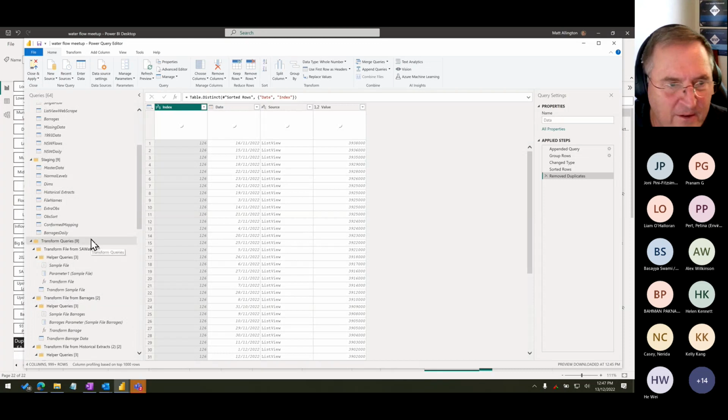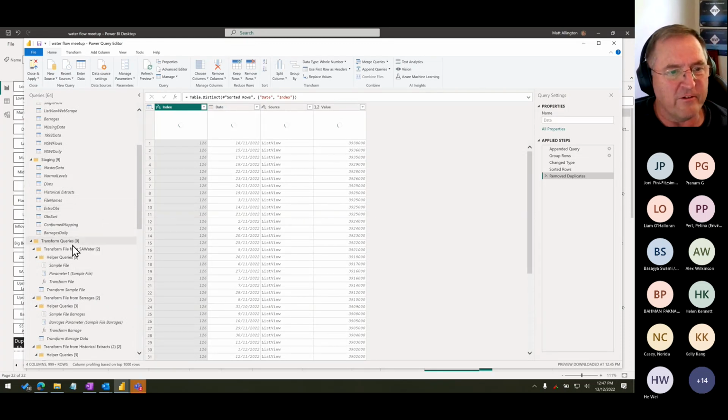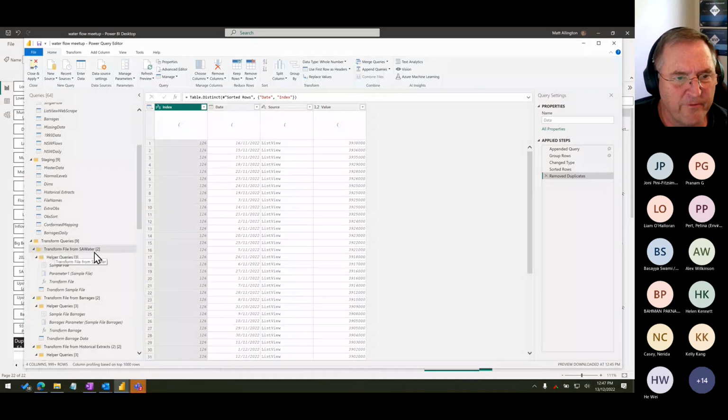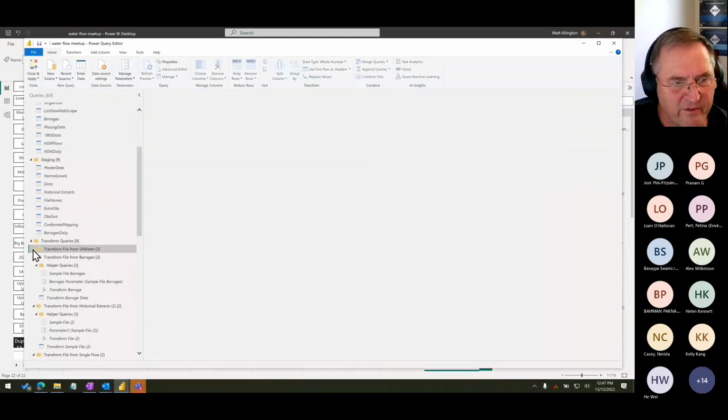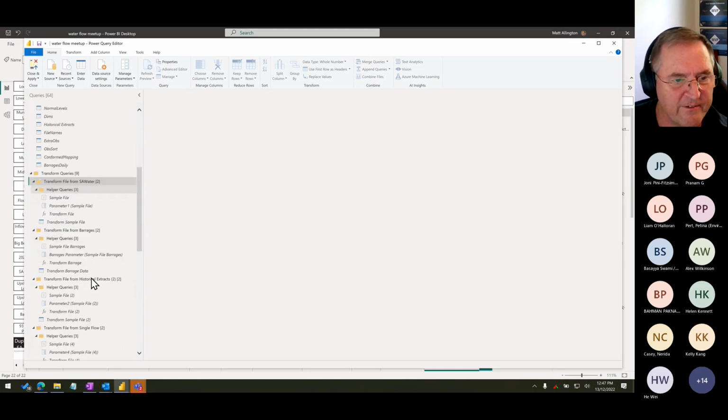It's so annoying. So one simple tip is to move all of these sets of file combined queries into a new folder. I just call it transform queries, and move all of the subfolders into here. It's not hard to do.